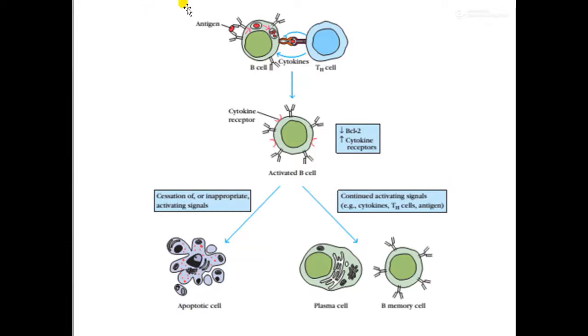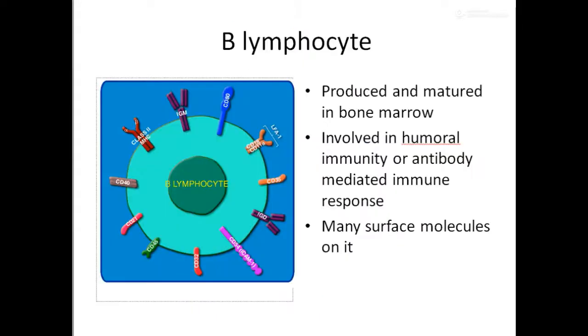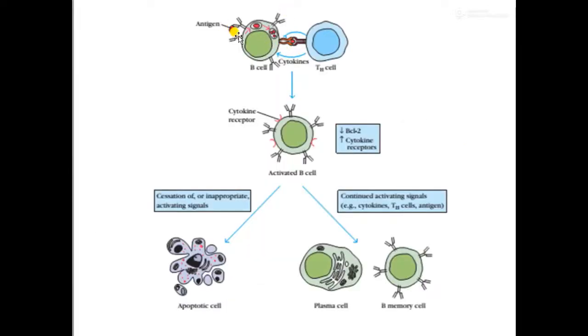When an antigen comes and interacts with the antibodies, the IgM as well as IgD, which are immunoglobulins attached onto the B lymphocyte, what happens? The B cell gets activated.